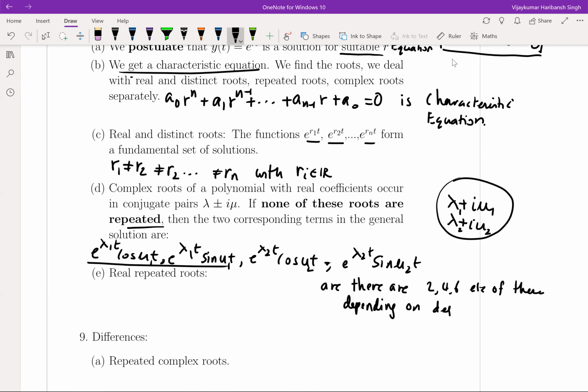Depending on degree. So we are discussing the similarity. Now, suppose the next case, if we have real repeated roots.